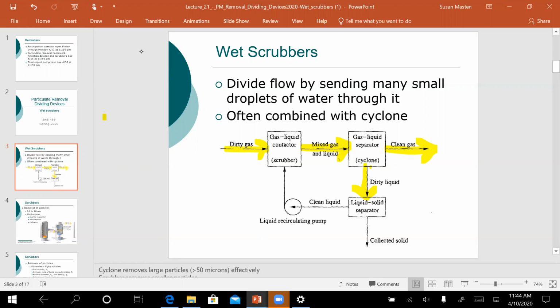We then need some sort of a solid liquid separator, often a gravity settler. So we then have the solids that we can collect, and ideally we have clean liquid that we can then recycle and reuse in the process.